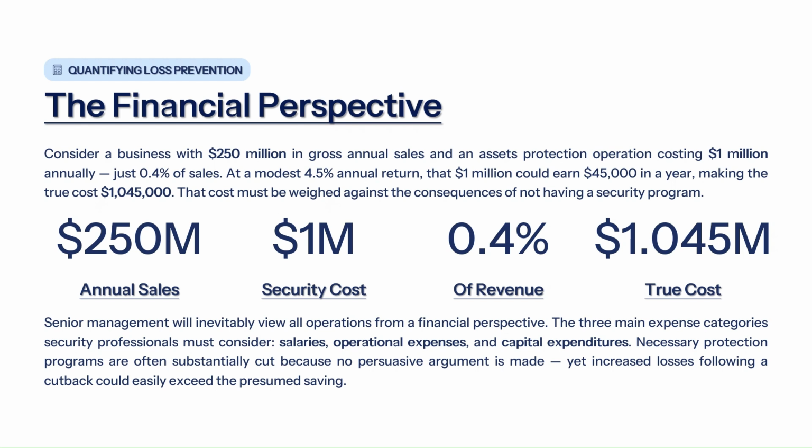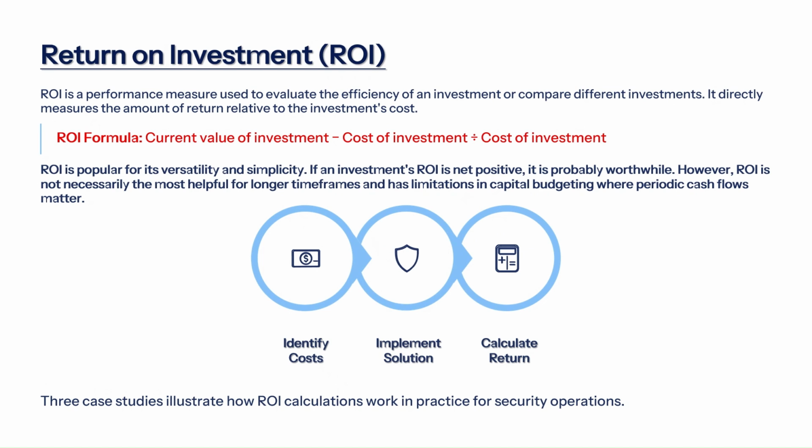Senior management evaluates security the same way they assess any investment, by comparing costs, risk exposure, and potential savings. Our responsibility is to present security not as overhead, but as a function that protects revenue, reduces loss, and safeguards organizational value.